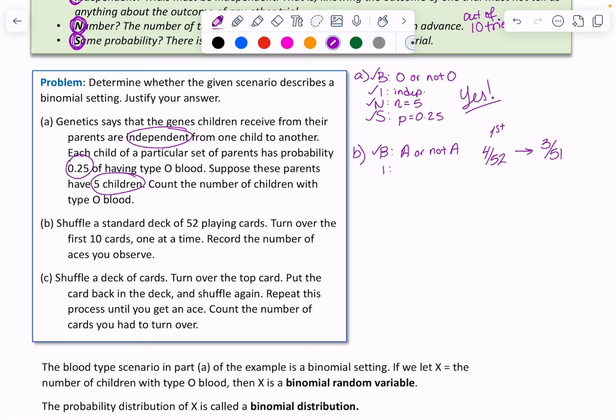It's affecting my next card's probability if I know that the first one was an ace. So since it's affecting the probability of my next card being an ace, these are not independent. And one way I can tell is because they don't replace the cards.